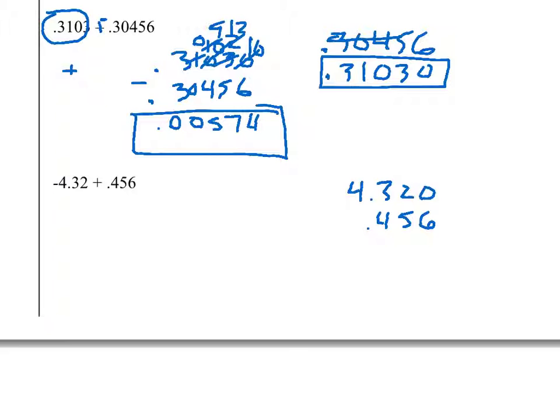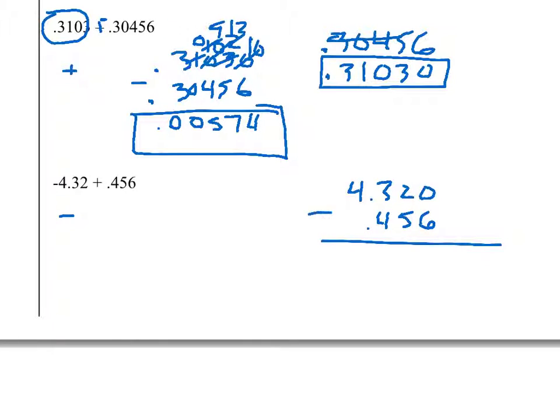Somebody with a raised hand. Genesis. 0.456. And in the original problem, Sadie, 0.432 was positive or negative? Negative. So Naomi, that means our answer is going to be positive or negative? Negative. Good. So I'm going to go ahead and put that there.